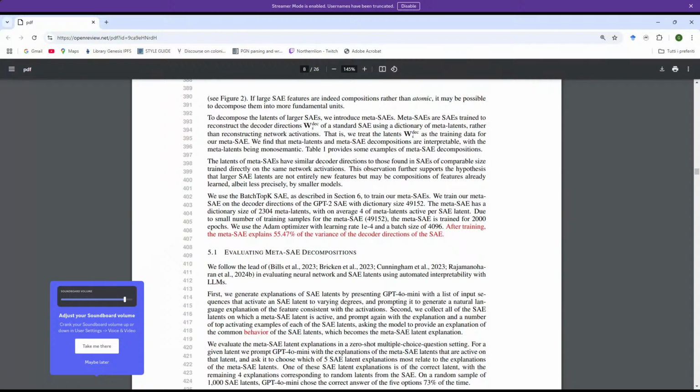So you see, we train our meta SAE on the decoder directions of this dictionary size with an average L0 of 4.